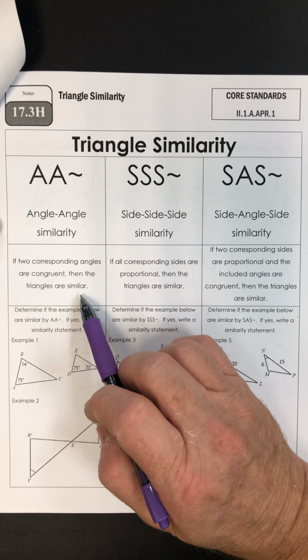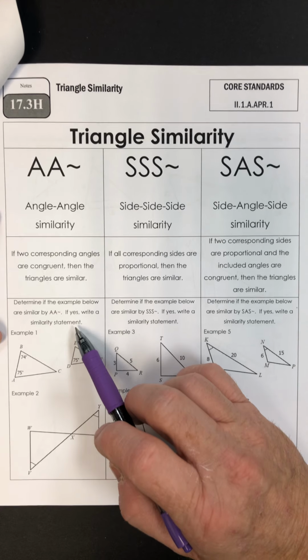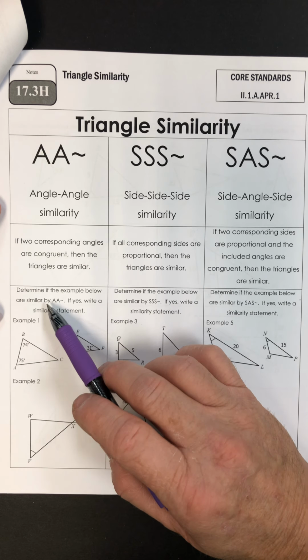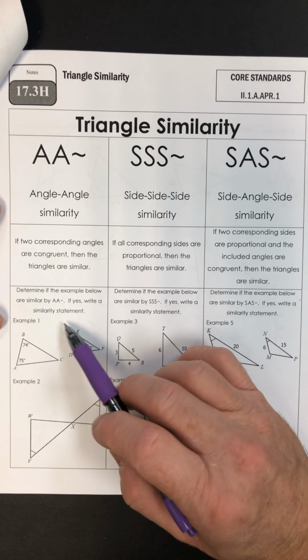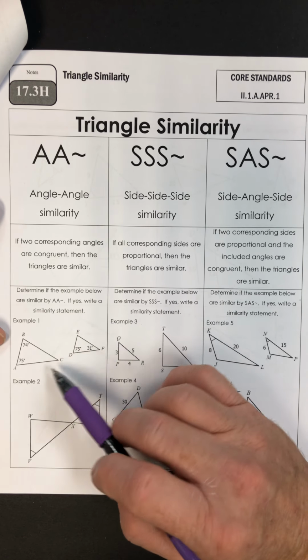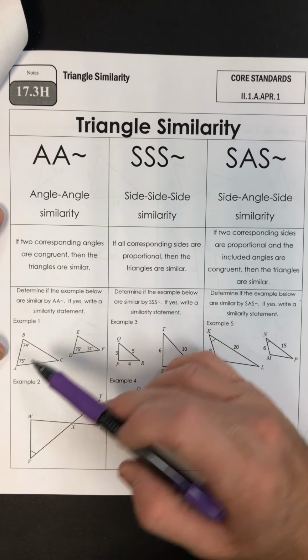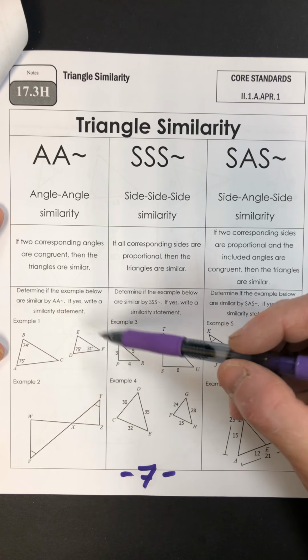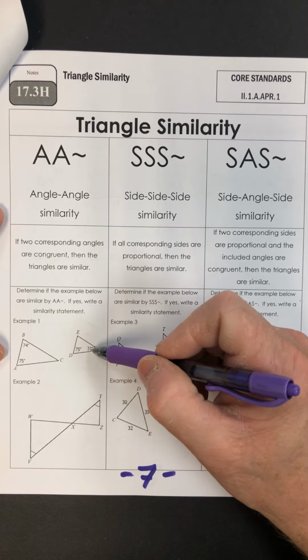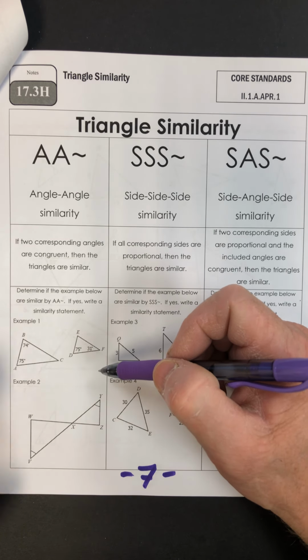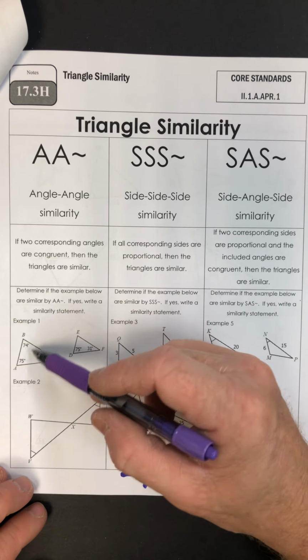Now, down here at the bottom, it says determine if the examples below are similar by angle similarity. If yes, write a similarity statement. So the first triangle has 75, 74, and the other triangle has 75 and 31. Well, let's find the third angle by taking 180 and subtracting.